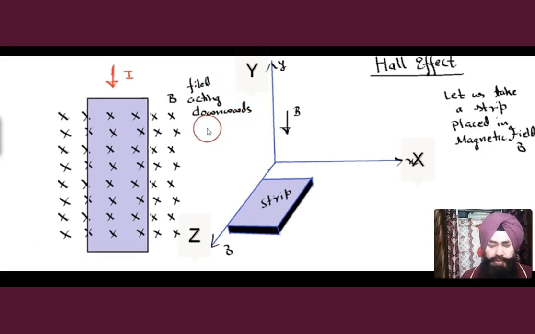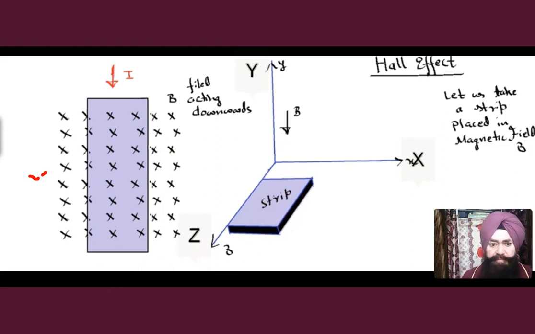And if you want to show the magnetic field perpendicular to the plane of your paper, then mark crosses like this. These crosses show that the magnetic field is perpendicular to the plane of the paper, and this is the plane of the strip.